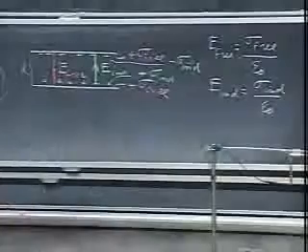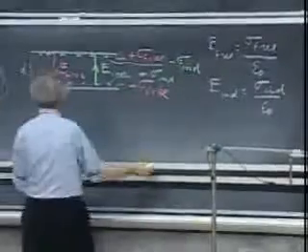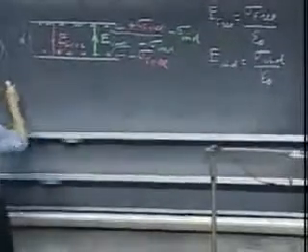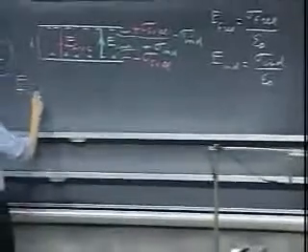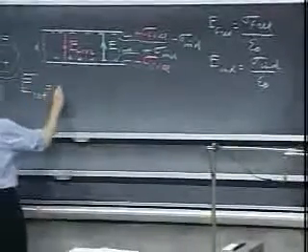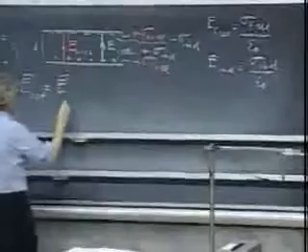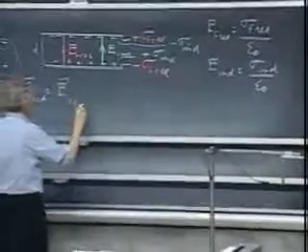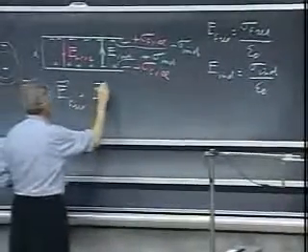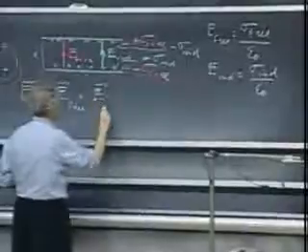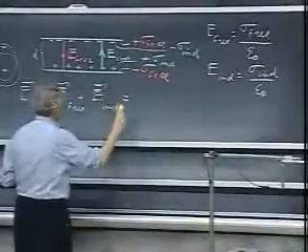And so the net E field is the vectorial sum of the two. So E net, I give it a vector, is E free plus E induced, vectorially added.